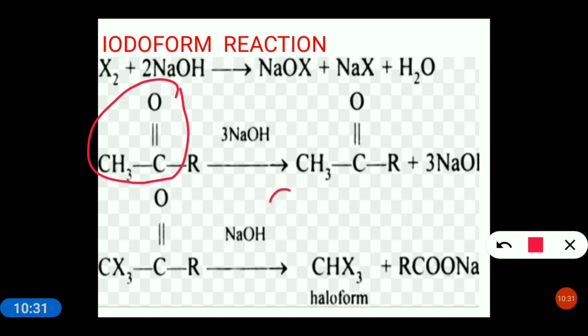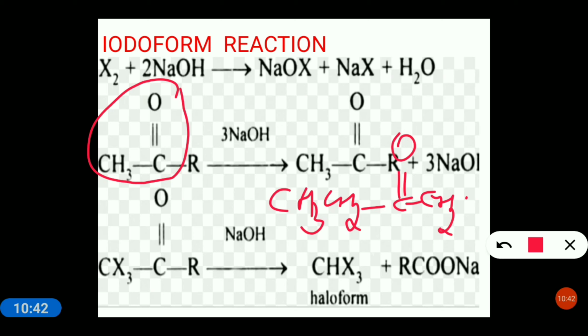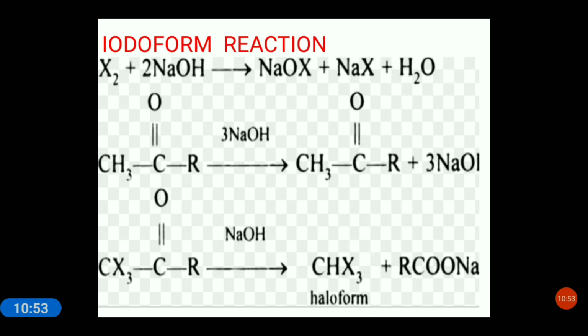For example, if CH3CH2COCH2CH3 is the ketone, it will not give the iodoform reaction. So you can distinguish the ketones with this.